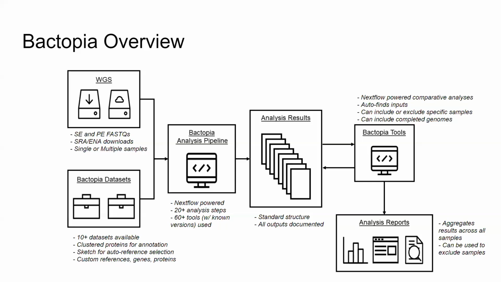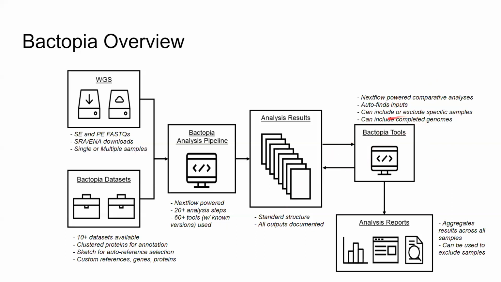I think that'll be helpful for users who may be getting started, saying, what the heck are all these extensions and what do these files mean? Now you can go to the Bactopia documentation, and I've aggregated it all into a central place.